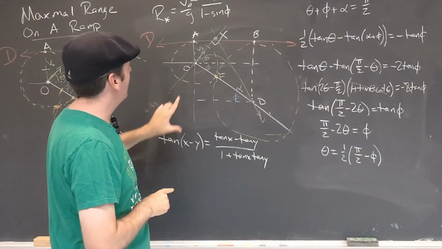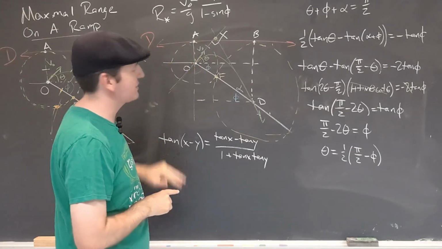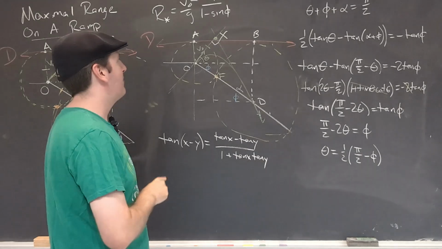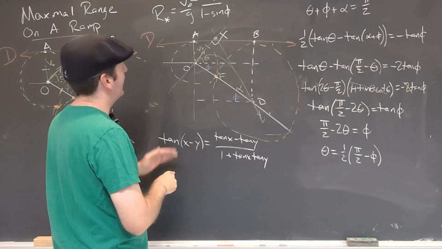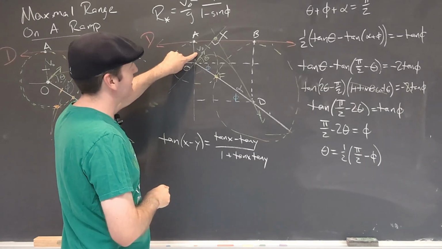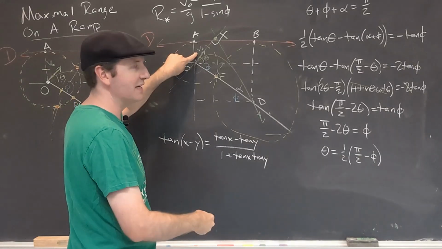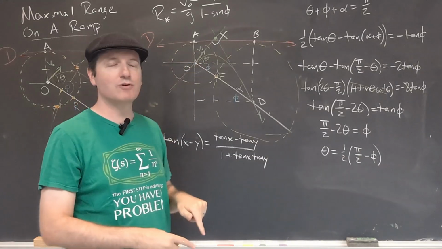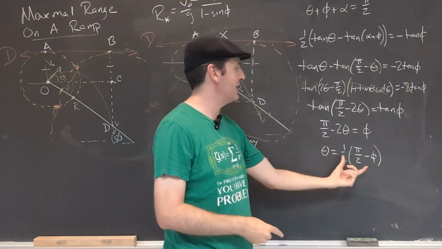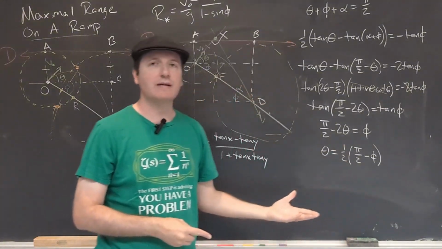Now that angle AOF is 90 plus phi. So if I bisect that, then this angle up here would be half of 90 plus phi, and then theta itself would be the complement to that, and that's where we get the half of 90 minus phi.